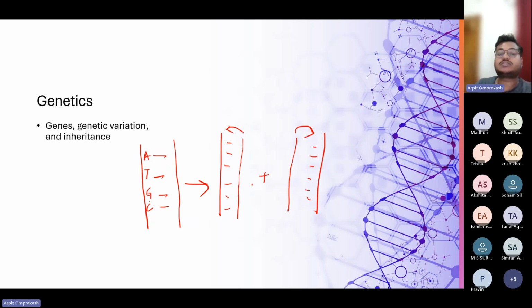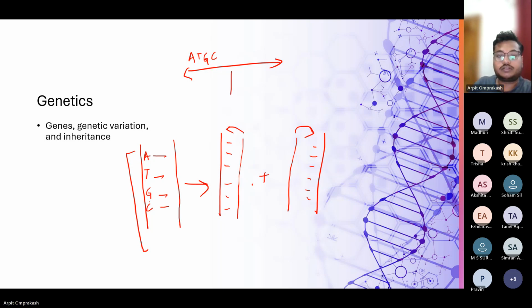What happens sometimes during the process of DNA replication is that the bases that are present get modified. These things are called mutations. When these mutations accumulate over time, they lead to different characters, because a sequence of ATGC present in the DNA defines what kind of protein is formed from the DNA, which carries out a certain function.